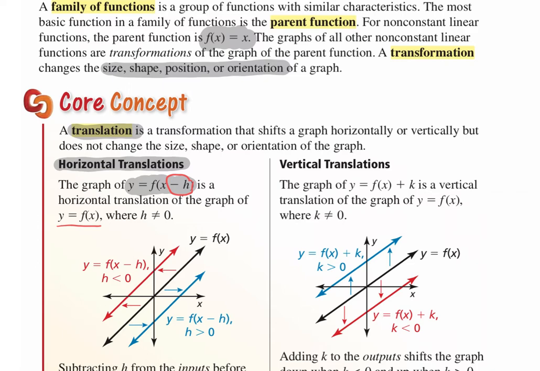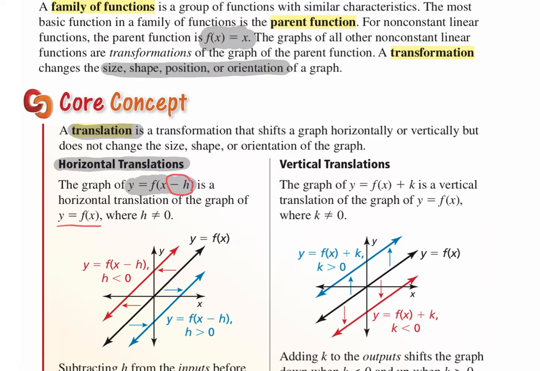Think of me as your parent function, standing nice and tall. If I take one step to my right, did my body change at all? Did my position change? Yes, I moved over, right? That's exactly what a translation is.